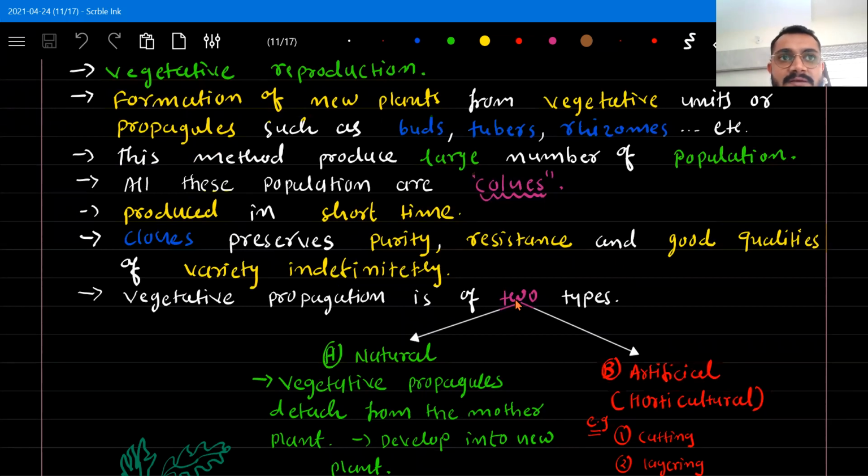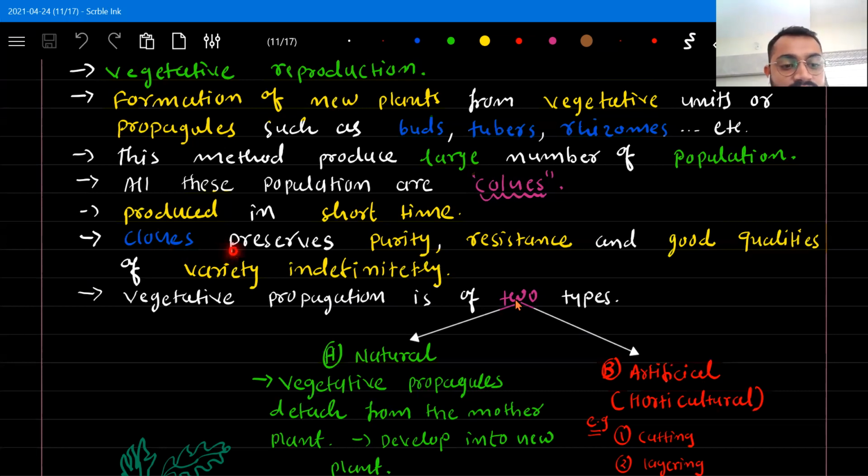It is not like when you develop a new plant through natural means, where you have to wait for the plant to grow and develop its fruit and other parts, which takes much more time. But when you produce the plant through the vegetative parts or propagules, it gives rise to a new plant in a very short time.